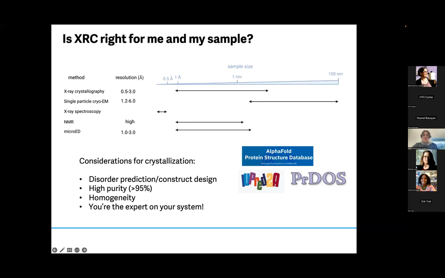Does it show temperature dependent behavior and activity that can give us a clue into what temperature we should be incubating your crystallization plates at? These are some questions that you don't necessarily need to know the answers to, but the more information that you have about your system and your protein, the more beneficial it can be in the process of trying to get a crystal.